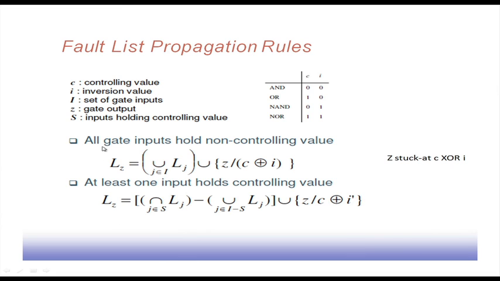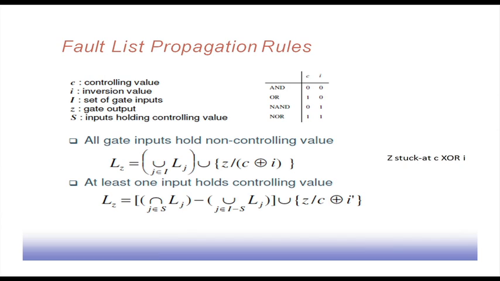Now, this is the formula. If all gate inputs hold non controlling value, that is none of the inputs are stopping the other value to propagate. Like when we are talking about AND gate, if none of the inputs are 0, that means one input cannot stop the faults associated with other input to propagate to the output.